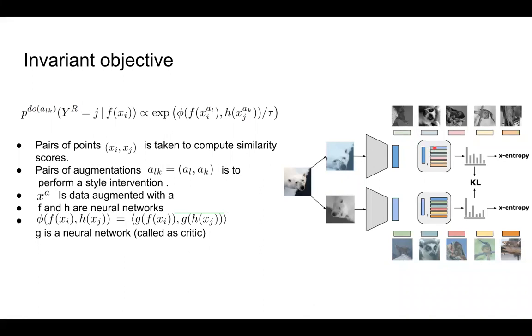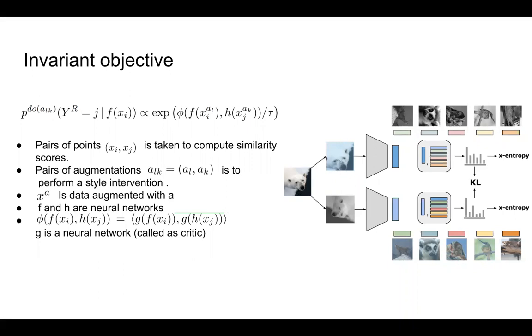That's the box symbol here. So is that like every possible combination of image and style? Yes, pairs of images with every possible style.